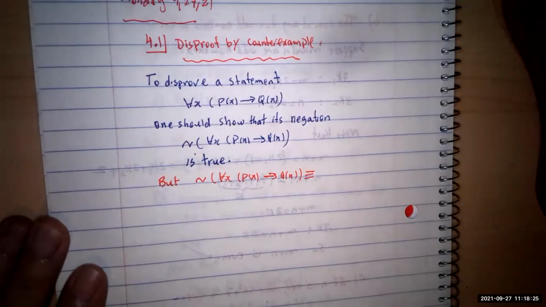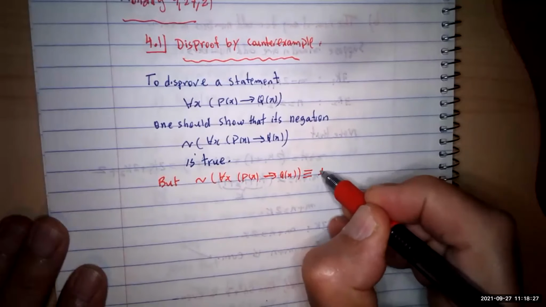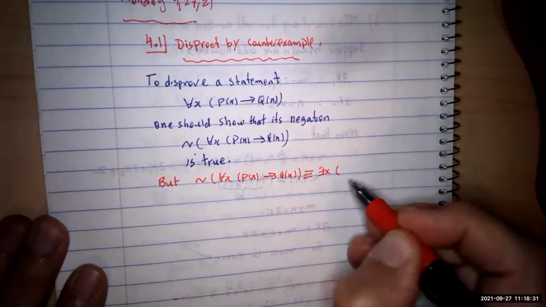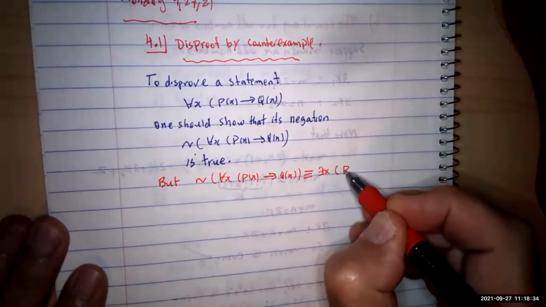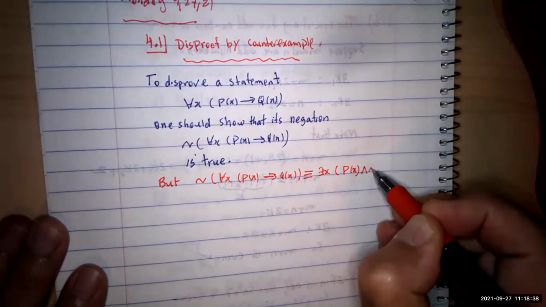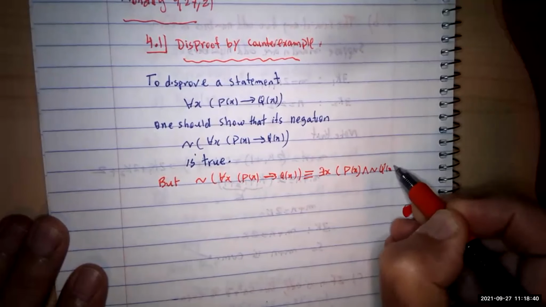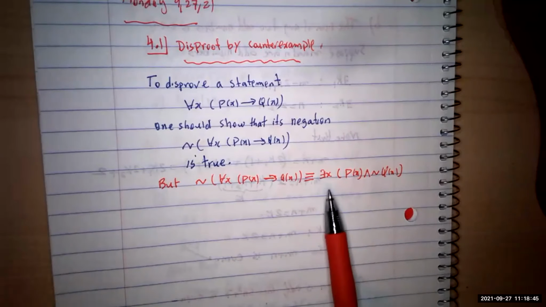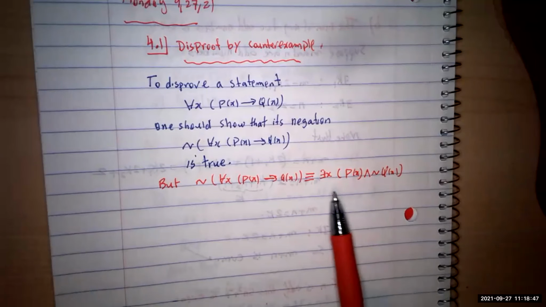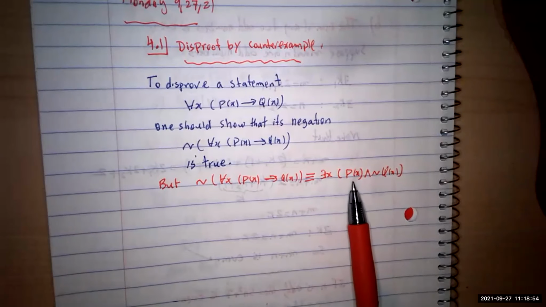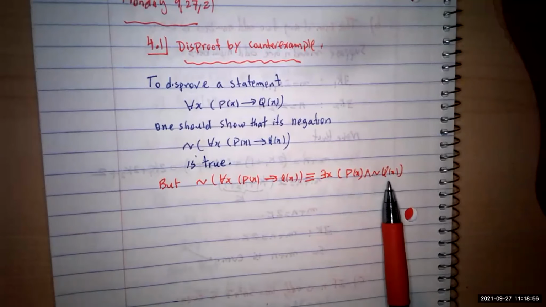Is it there is some x, p(x)? Yes, there is some x, p(x) and not q(x). Excellent, yes, p(x) but not q(x). That's it. So what we should show is that there is an x such that for that x, p(x) is true, but q(x) is false.